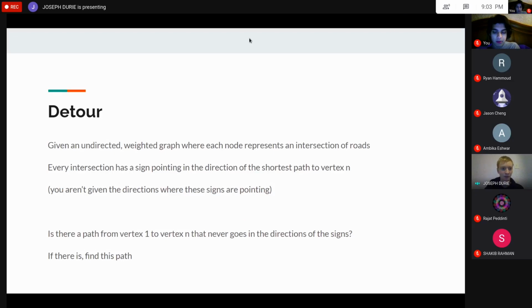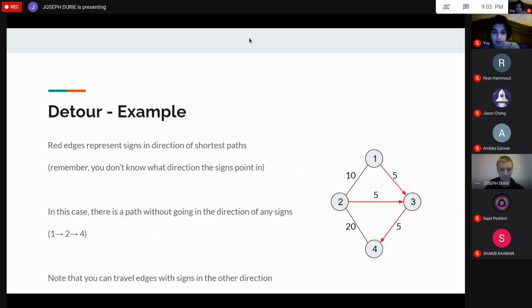So this is an example of what we want to find. If this was your graph, your signs would be pointing in these directions, because the shortest path from 1 to 4 is that, from 2 to 4 is that, and from 3 to 4 is that.